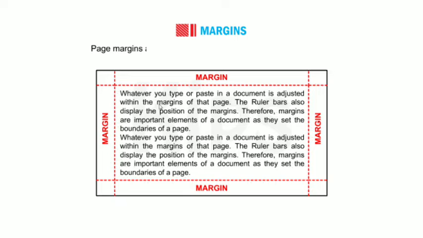Now margins. So what are margins? Just look at this picture. You can see there are four sides of this page: right side, top side, left side and bottom side. There is a dotted line on all sides of this page, and there is a space between where the text starts and the page boundary.